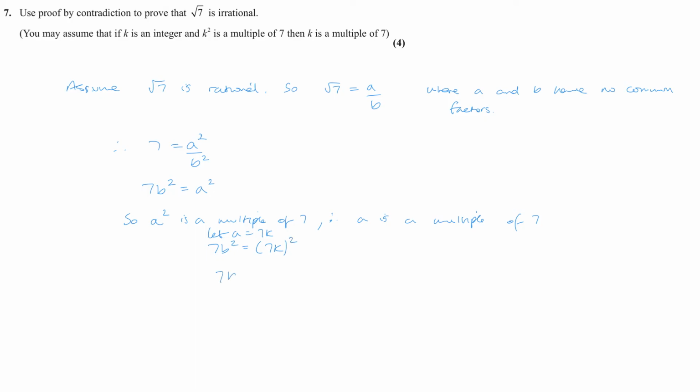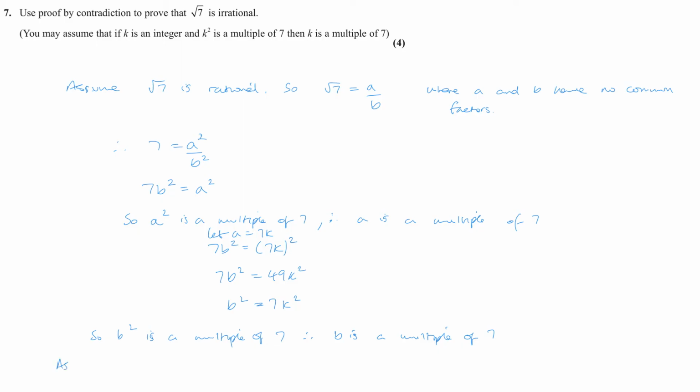So this is now 7B squared equals 49k squared. B squared equals 7k squared. So B squared is a multiple of 7. Therefore, B is a multiple of 7. So now we've shown that both A and B are multiples of 7.